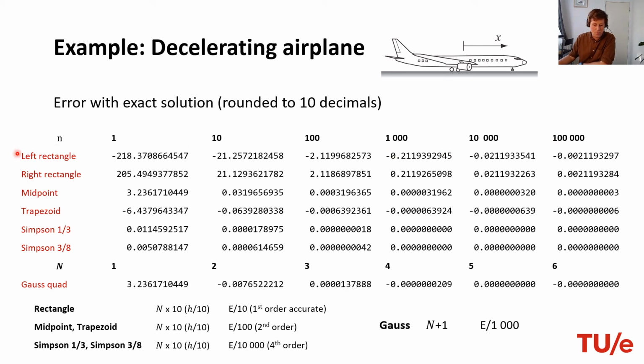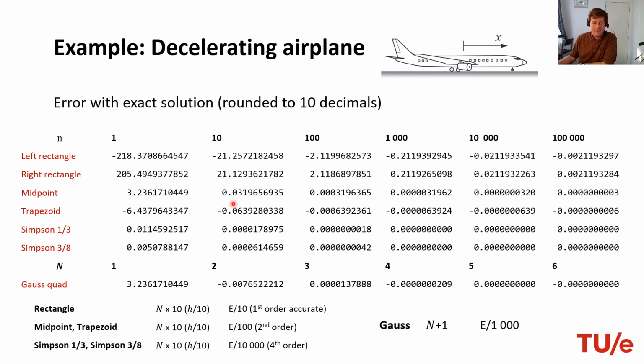And this really shows this first order behavior of both left and right rectangle rule. Let's take a look at midpoint. Midpoint is the integration method for which I showed you that it should be second order. So for midpoint with one function evaluation, we find that the error is equal to 3.23.